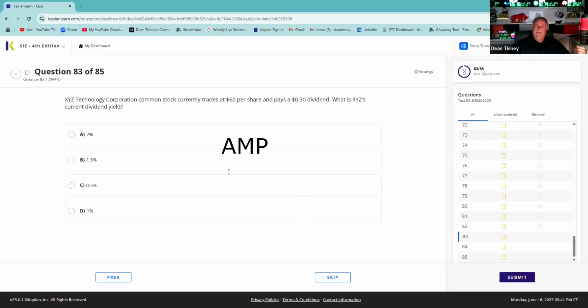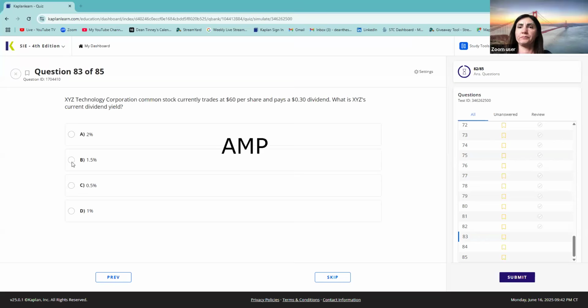What the investment pays you, annual dividend, divided by what it costs you, market price. So it's the 30-cent dividend times 4, right? It pays 30 cents, so that's times 4. That's $1.20. So then we take our calculator. What it pays us is $1.20. What it costs us is 60. I get 2%.